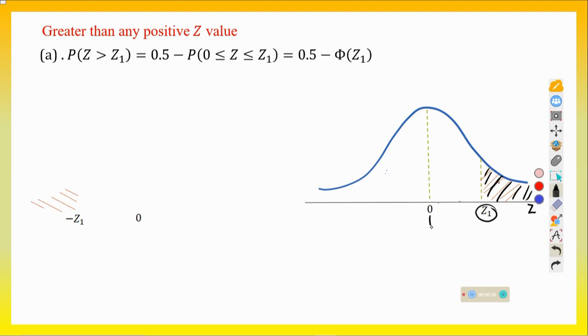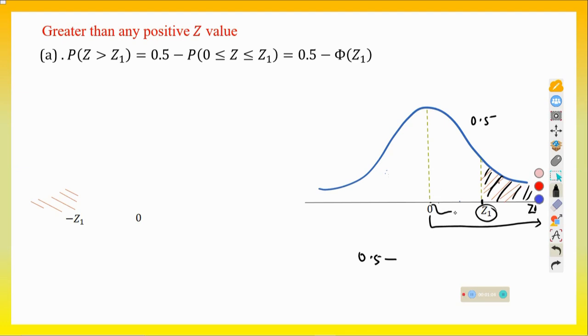Okay, but we know from here up to this given point is 0.5. And if I need the value from here up to this given point here, it means I will get 0.5, then subtract the value from here to here, which I can easily get.